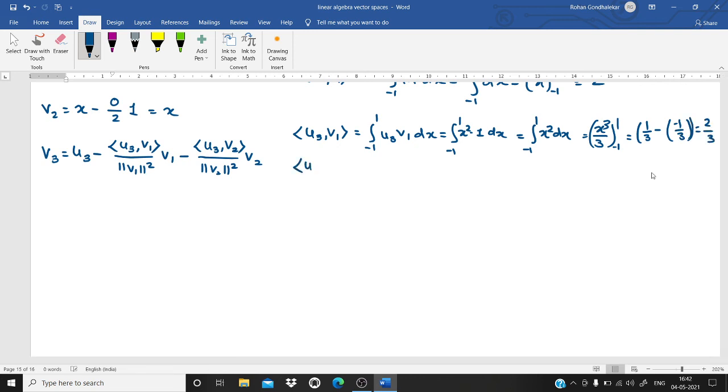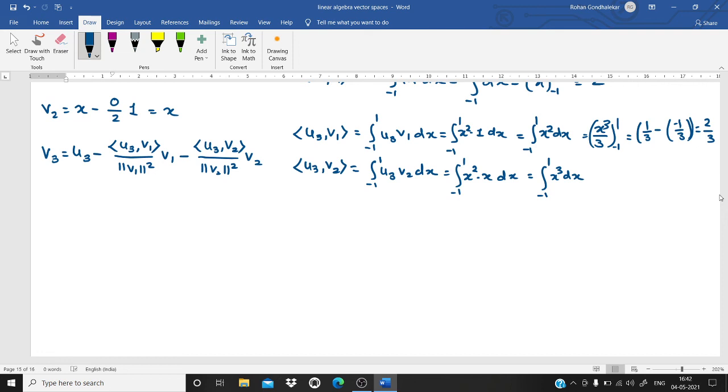Now the inner product of U3 with V2 is integration from minus 1 to 1 of U3 V2 dx, which is integration from minus 1 to 1 of x square into x dx, that is x cube dx. Now you can apply the rules of definite integrals directly.